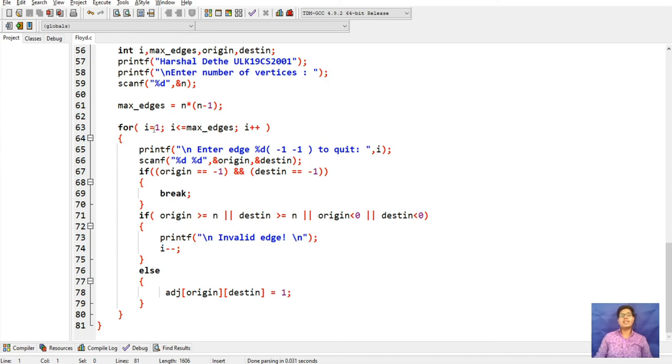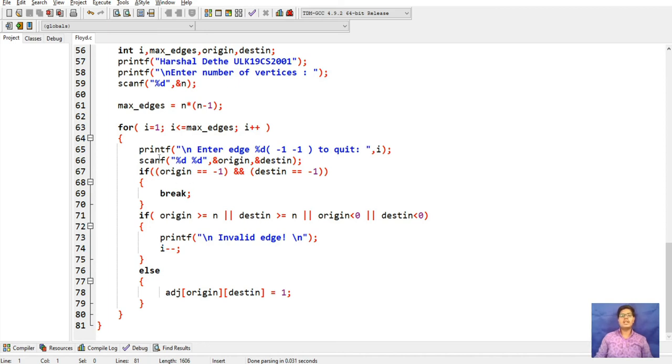Then for loop i is equal to 1, i is less than or equal to max edges, i plus plus, then it will ask, and if we enter minus 1, it will quit that destination and it will break.